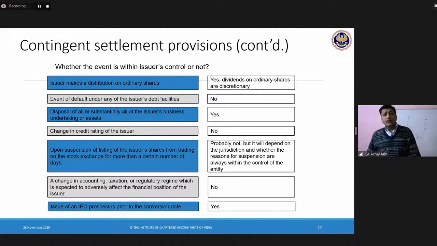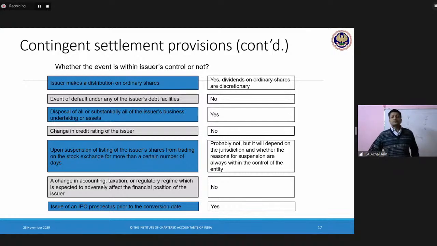Disposal of all or substantially all of the issuer's business undertaking or assets. Can this be within the control of the issuer? Of course, yes. The issuer can control it. Change in credit rating of the issuer. Now, who decides the credit rating? It's a credit rating agency, which has to be independent of the issuer. So can we say that this is within the control of the issuer?